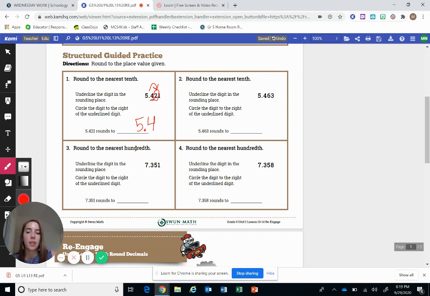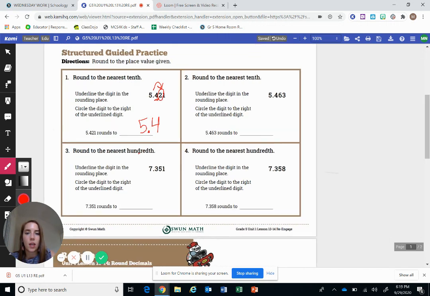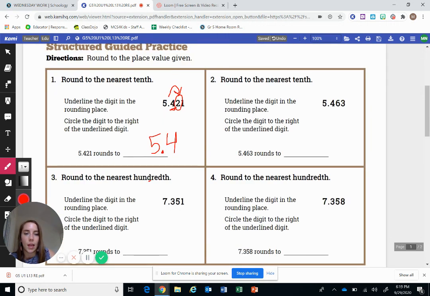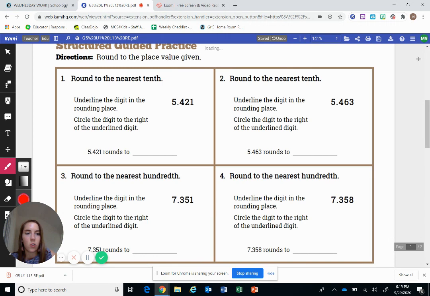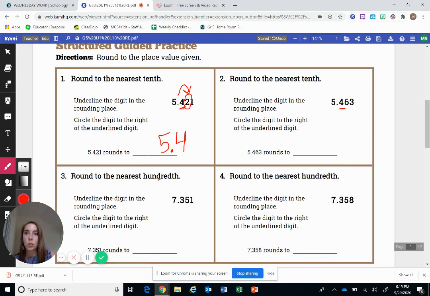Okay, number 2. Round to the nearest tenth again. Okay, first we need to underline the digit in the rounding place. So I'm going to underline the 4 because the 4 is in the tenths place. Then I need to circle the digit to the right. Okay, I draw my arrow because it helps me remember I'm looking next door.